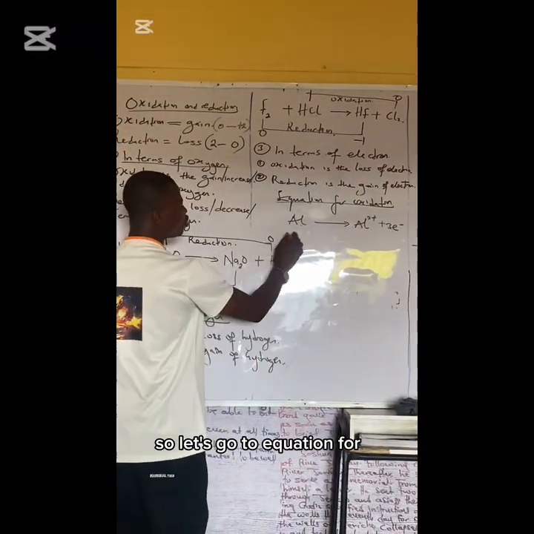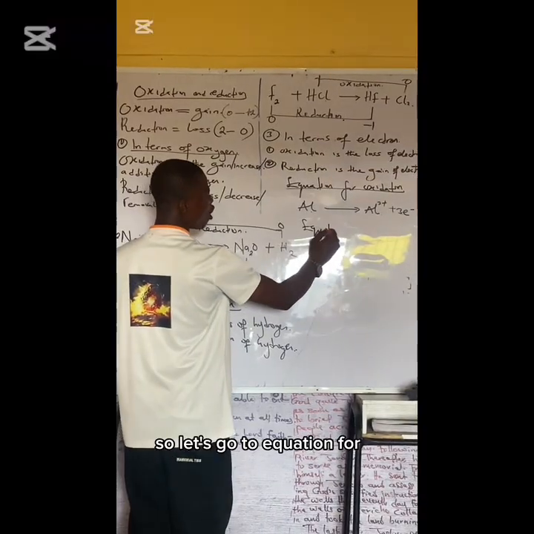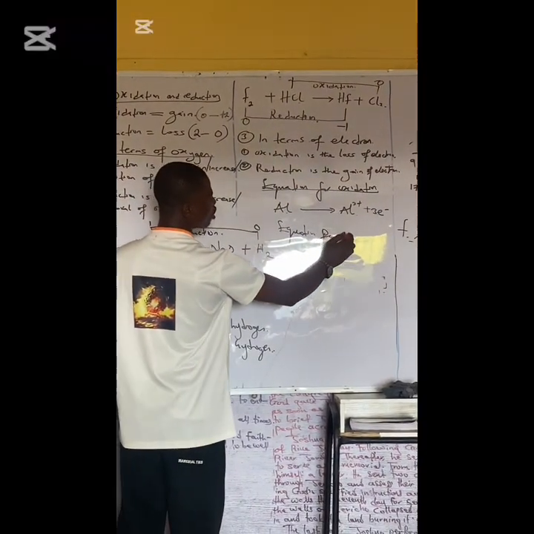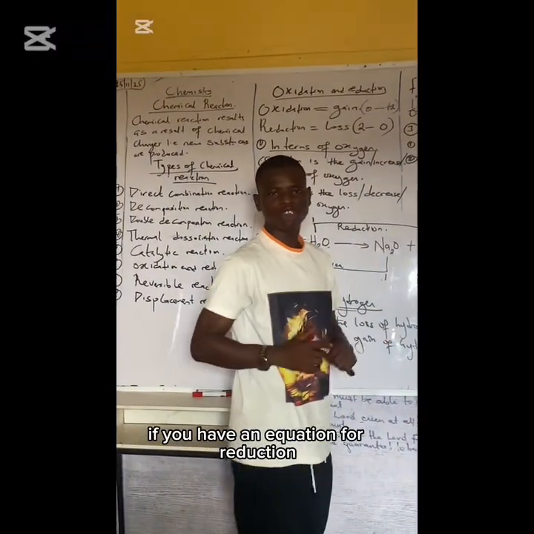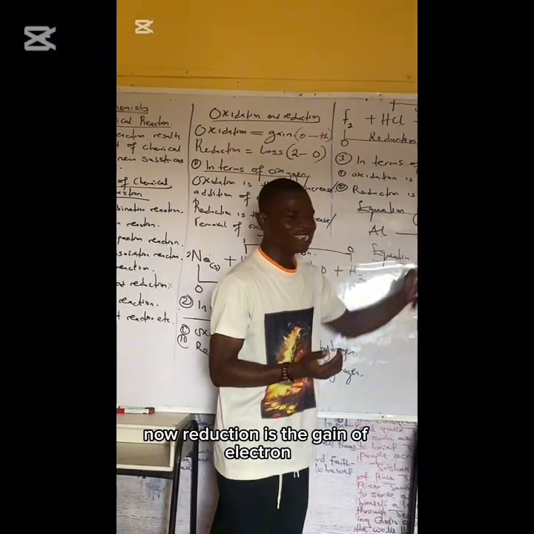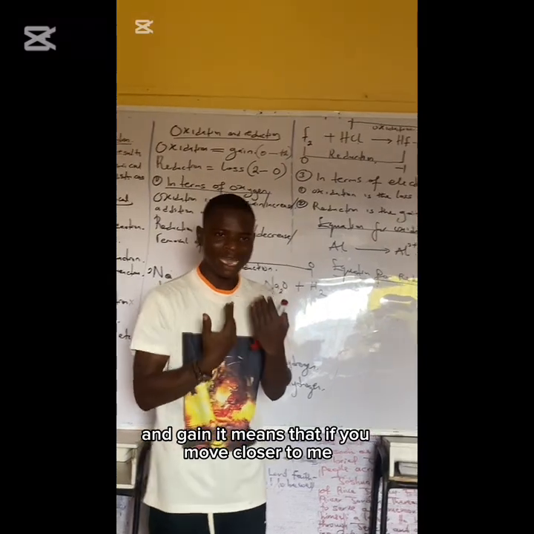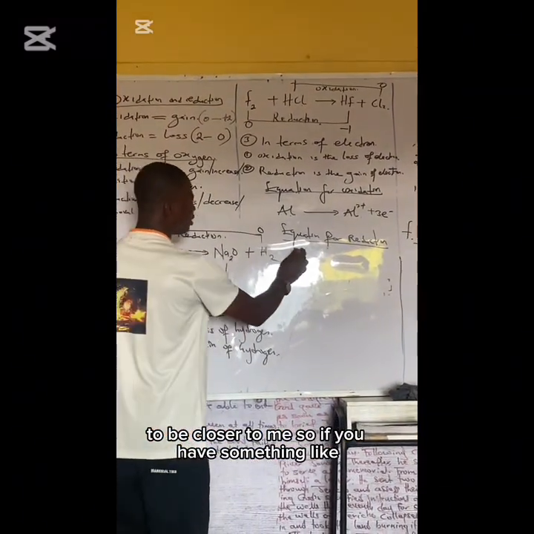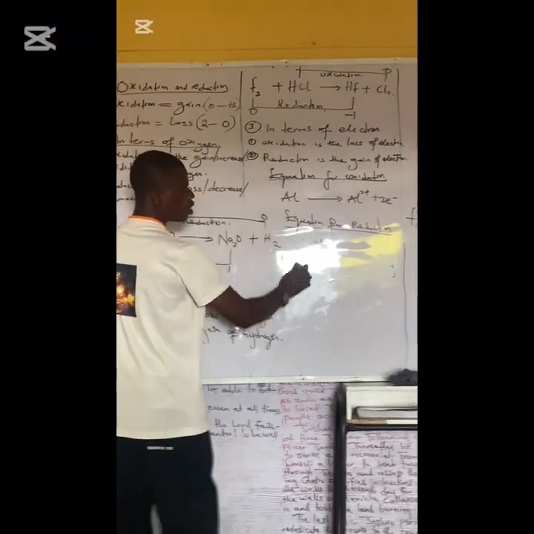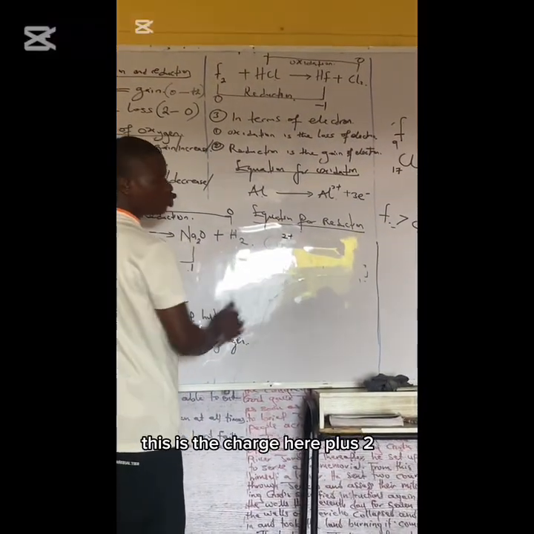So let's go to the equation for reduction. For reduction, reduction is the gain of electron. And gaining means to move closer to me, to be closer to me. So if you have something like Cu2 plus, this is the charge here, plus 2.